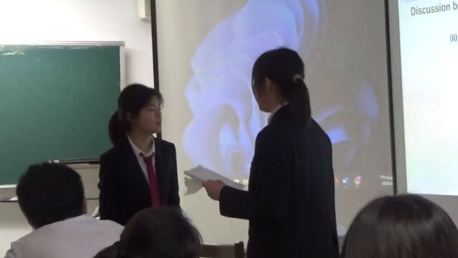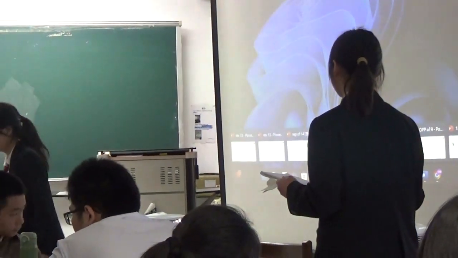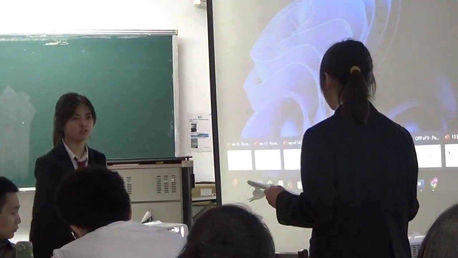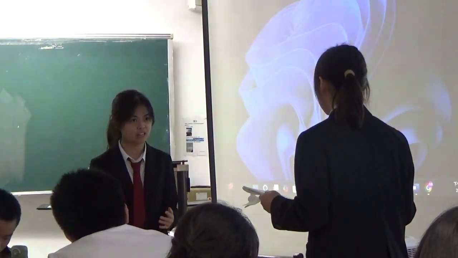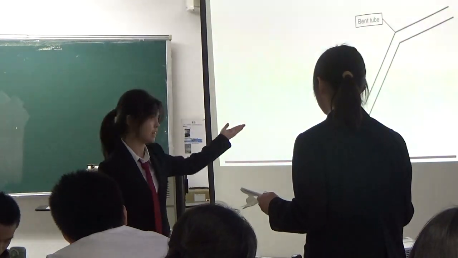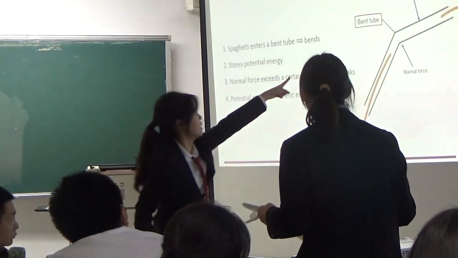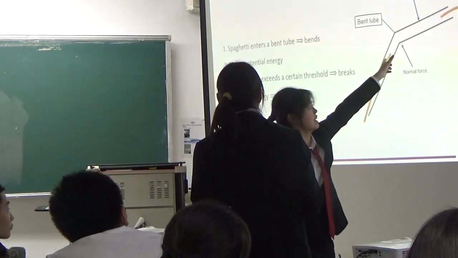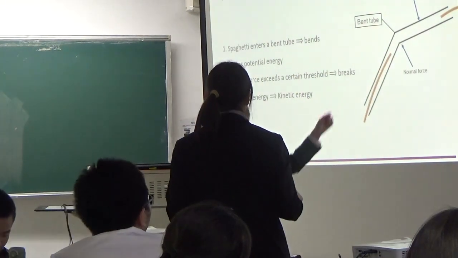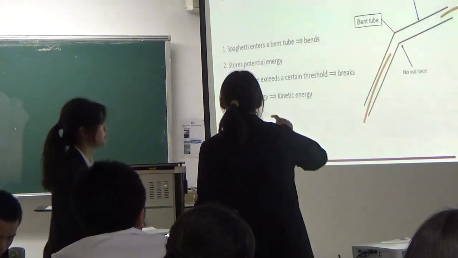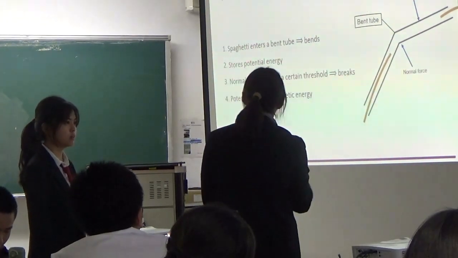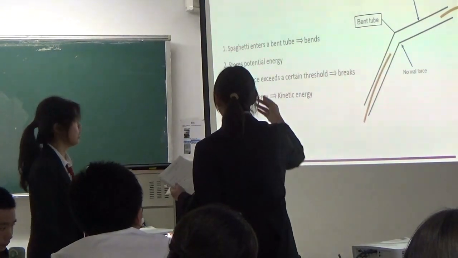Can you talk about that? The potential energy will transfer to the kinetic energy of the ejected spaghetti. So it means that potential energy will fully change to the kinetic energy.